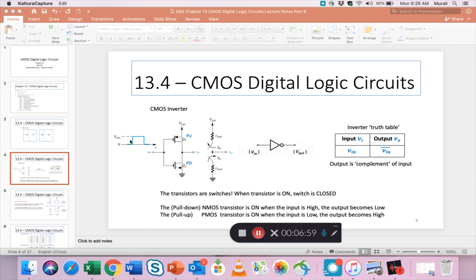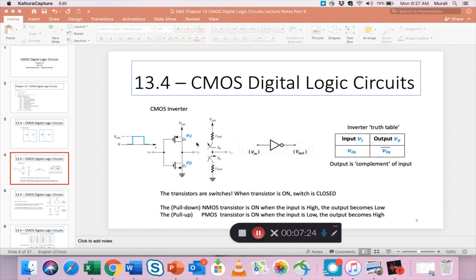Okay, and then I show on the input side that the input Vi can go high, in which case it brings a voltage value of about VDD, or it can go low, in which case it brings a value of 0, right? And it can switch between high and low. So this stuff we know. This also we know, right? This is an inverter.